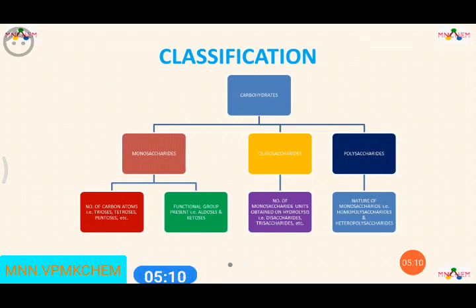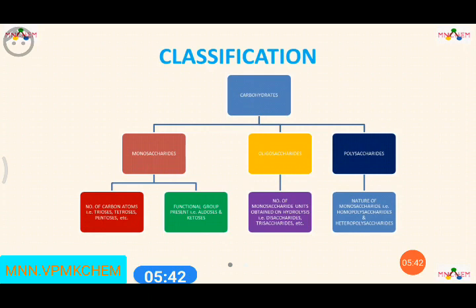If a monosaccharide consists of three carbon atoms, it is called a triose. If it consists of four carbon atoms, it is known as a tetrose. Five carbon atoms, pentose, and so on and so forth. If a monosaccharide consists of six carbon atoms, then it will be referred to as a hexose.